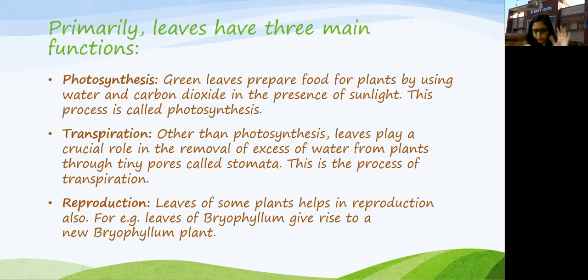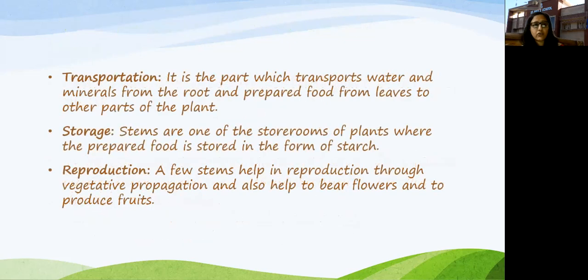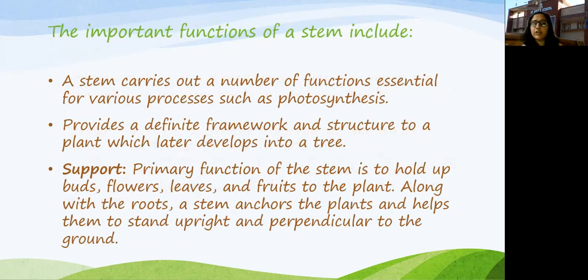This process is called photosynthesis. So here, what you can do is you can just note these 3 functions, है ना? इसके पहले भी children, when I was talking about stem, just note down the important functions of stem. You should know what are the important functions of this stem, because in higher classes what you will be learning is कि ये जो stem में जो transportation हो रहा है, ये कैसे हो रहा है ना? कौन से tissues, कौन से cells are doing this transportation, which are responsible for this transportation.